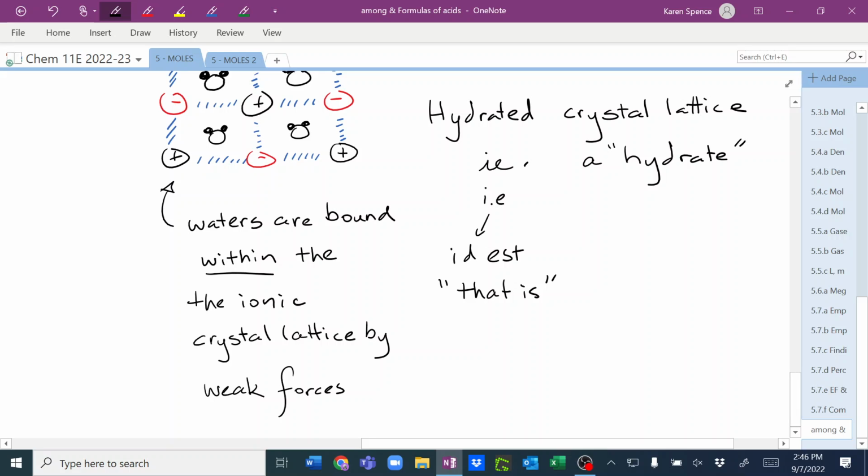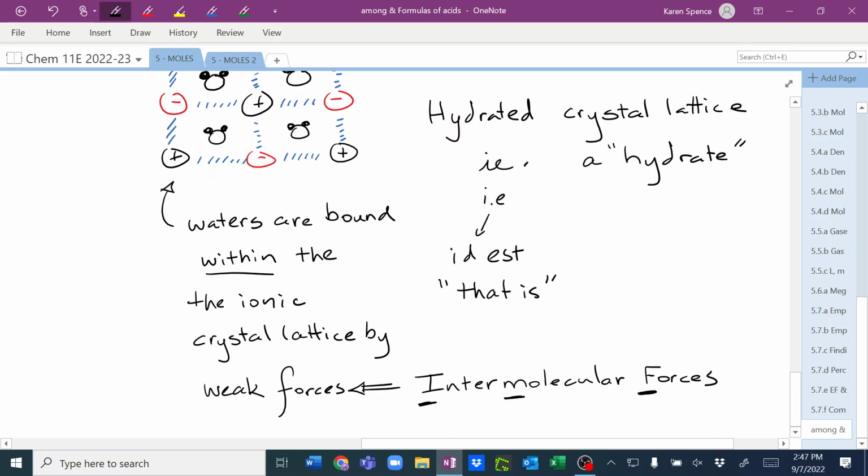Does anyone who had me for Science 9 know what those forces are called? Those weak forces that hold molecules together. Intermolecular forces, or IMFs.